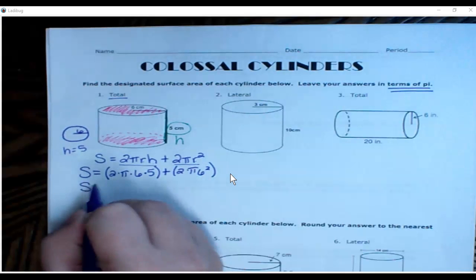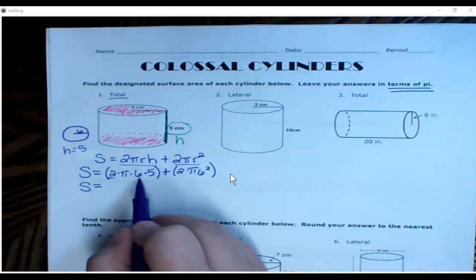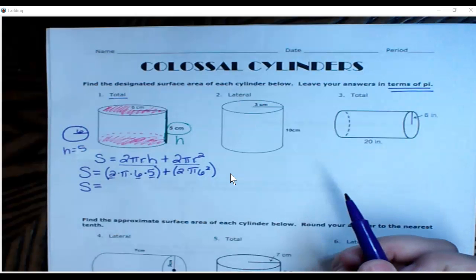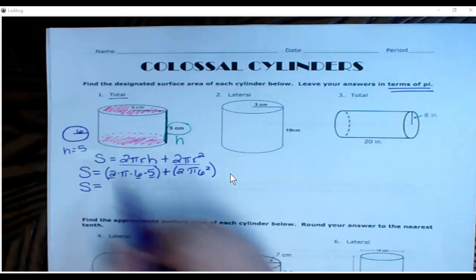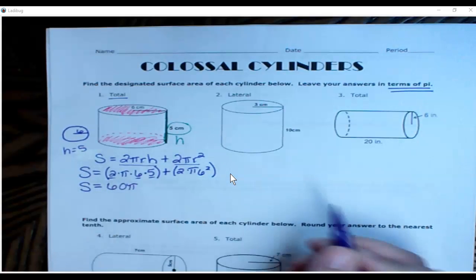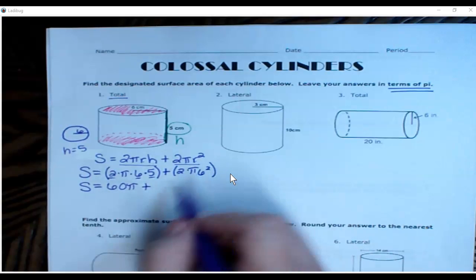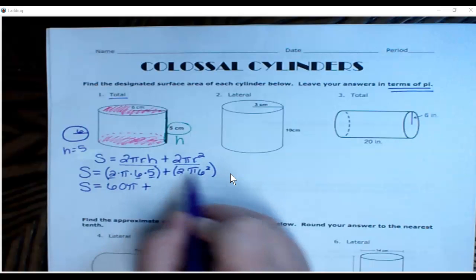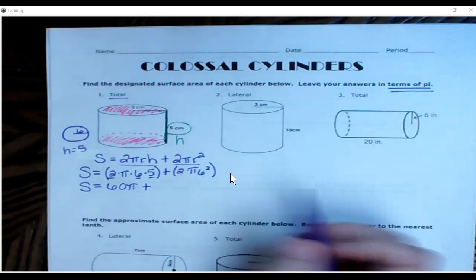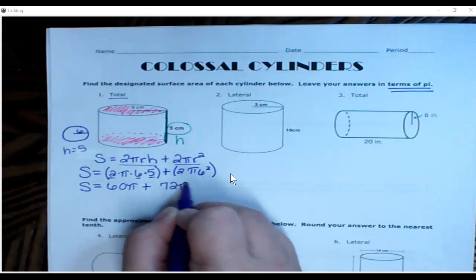So simplifying this a little bit further, I need to multiply just the numbers. I need to get this part in terms of pi. So 6 times 5 is 30. 30 times 2 is 60. So this is 60 pi. We're going to add to this. We're going to multiply 2 times 6 squared. 6 squared is 36, times 2, 72 pi.